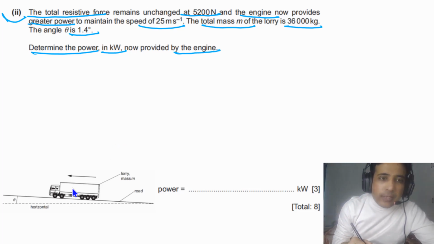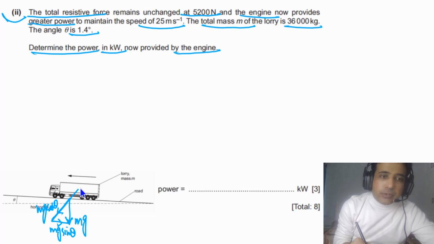Now if you look at the forces acting on this lorry, as we have already discussed, mg is acting vertically downwards, and there is a resistive force opposing the motion of the lorry, and that is mg sine theta. This component of the weight is opposing the motion of the lorry, and the other component we have discussed is mg cosine theta, which is acting opposite to the normal reaction force.